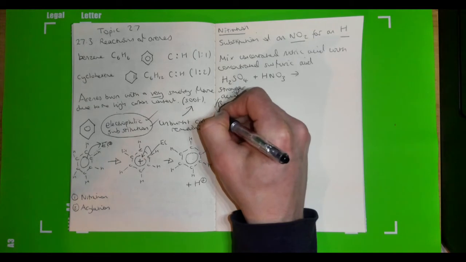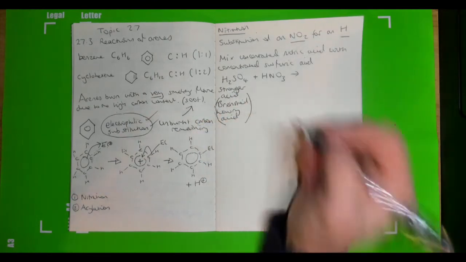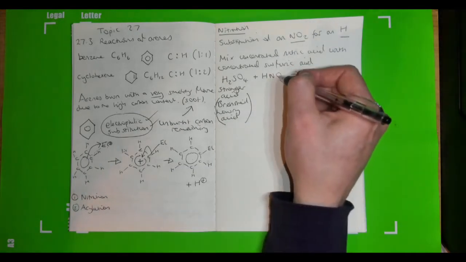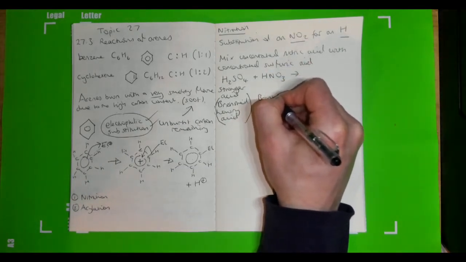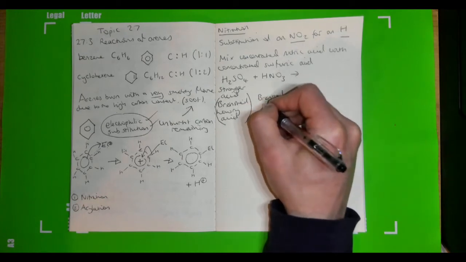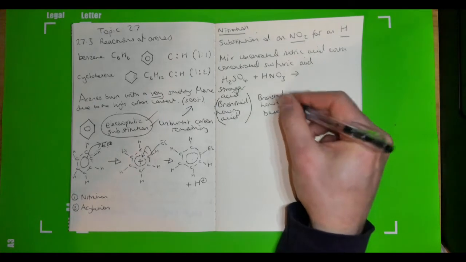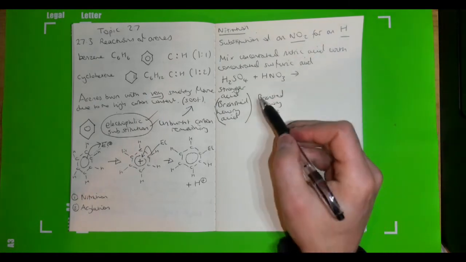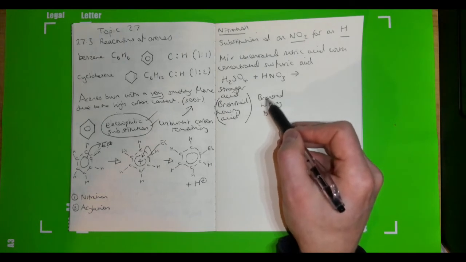A Bronsted-Lowry acid is just a proton donor. That acts as a Bronsted-Lowry acid, and the nitric acid here acts as a Bronsted-Lowry base. These are two people's names, Bronsted and Lowry. It's not an English name, it's got its O with this funny line through it.